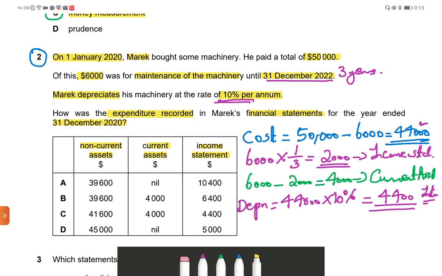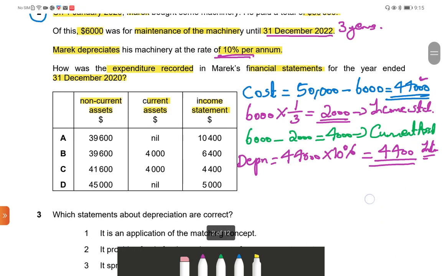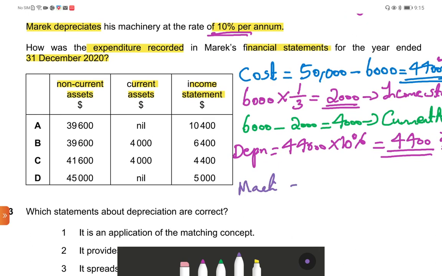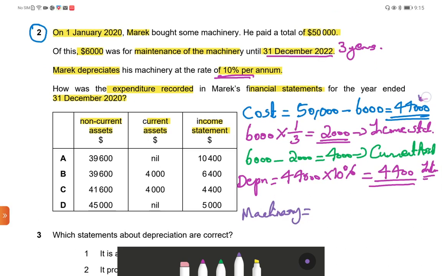So let's check our question. Non-current asset, what will be the value of non-current asset? Non-current asset, we show in the book at the net book value. So the non-current asset here, machinery value is equal to cost 44,000 minus depreciation we calculated, that is 4,400.